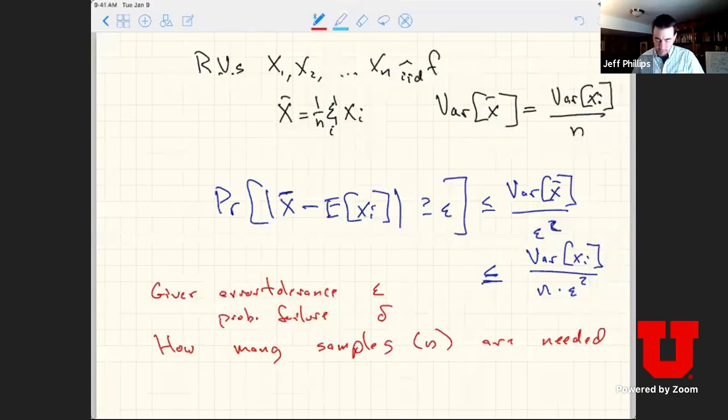You can solve for this with some algebra, and it is sufficient for n to equal the variance of xi divided by epsilon squared delta, just by setting this equal to delta.